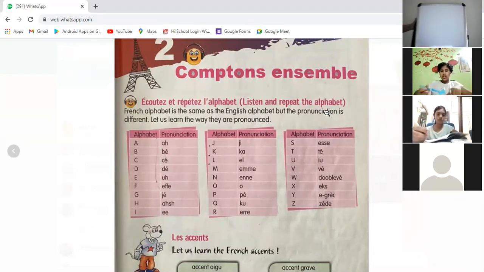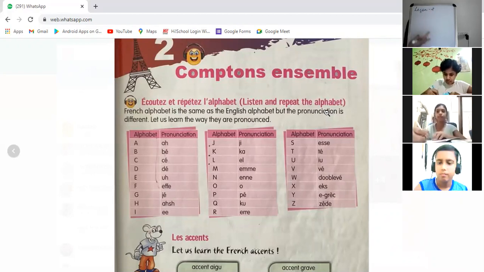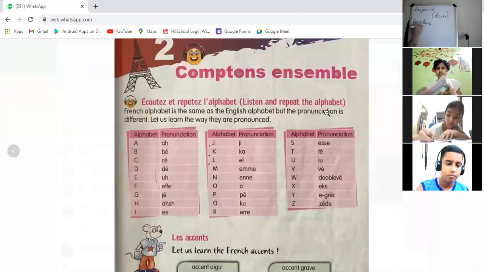Write down today's date. Leçon 2. What is number 2? We call it deux. Leçon 2, Comptons.